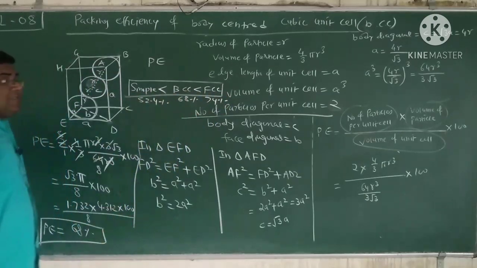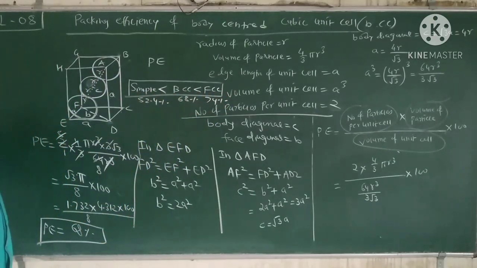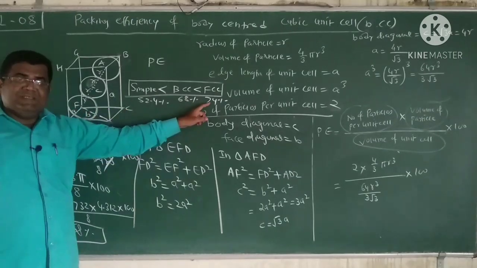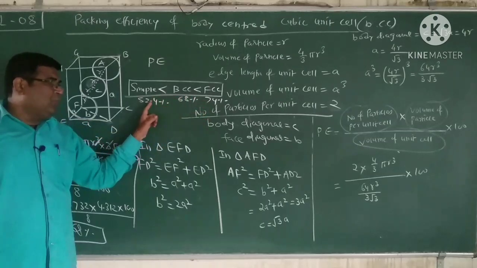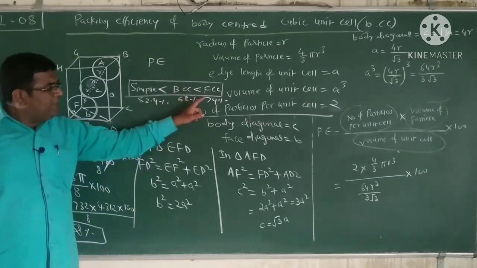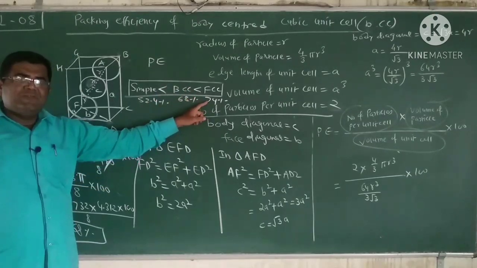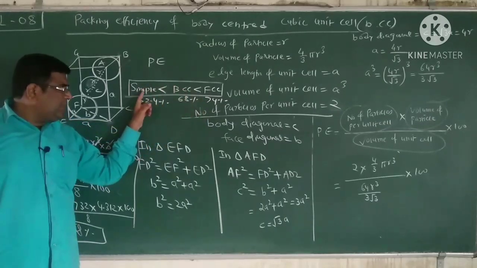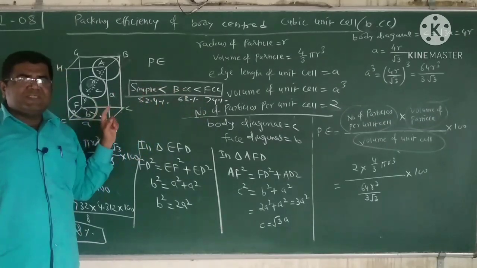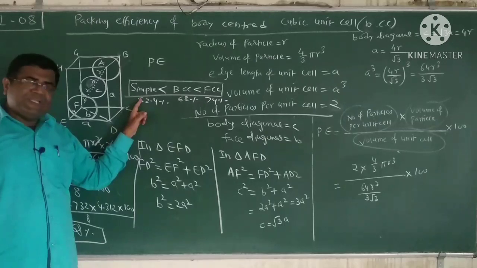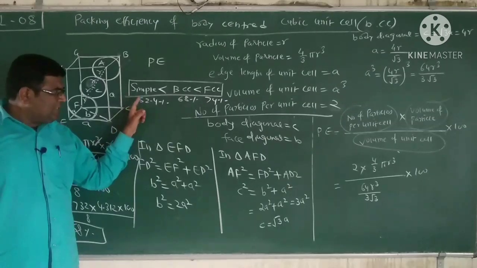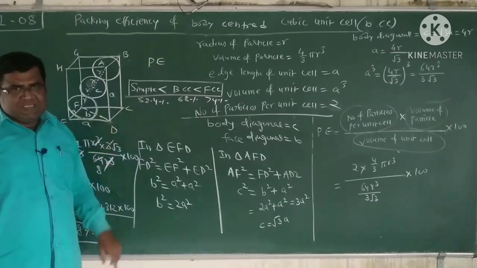So which is most efficient? It is face centered cubic unit cell because empty space is less here and empty space is more here. Less the empty space, more is the efficiency. More the empty space, less is the efficiency. This is space occupied and 100 minus 52.4 is vacant space.